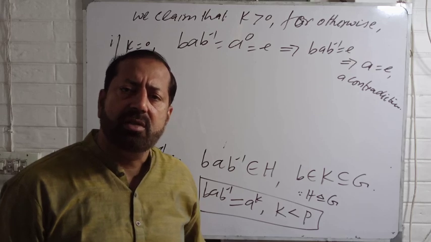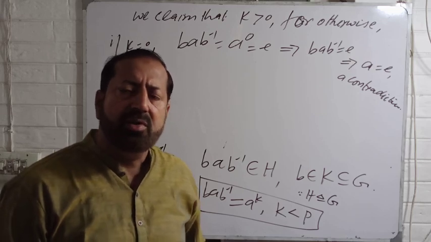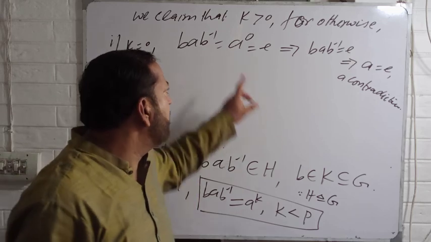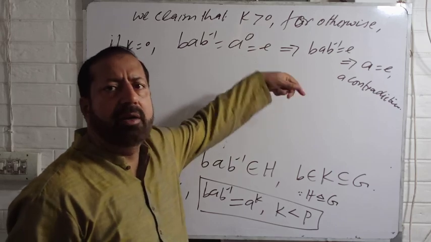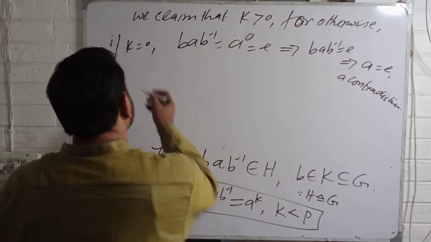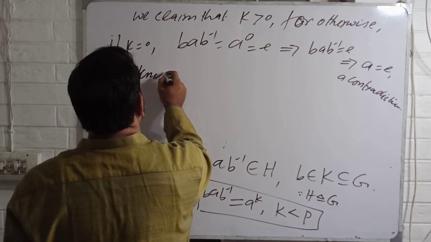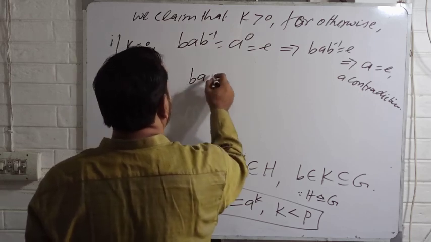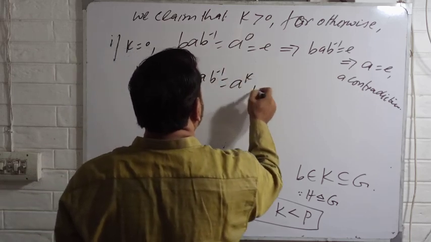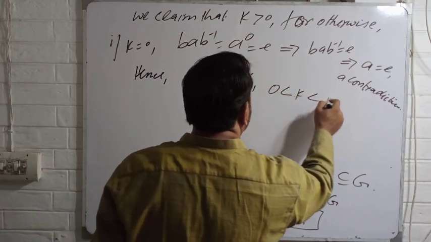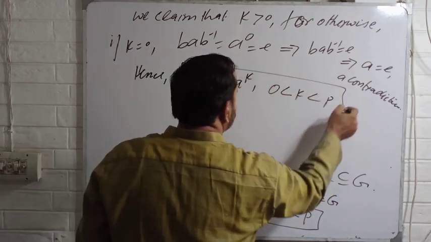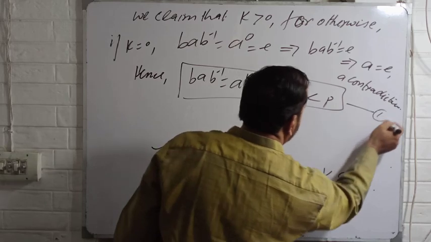So since H is a group of order P, A is not equal to E, and you are given that A is equal to E, hence K must be greater than 0. Hence B A B inverse will be equal to A power K, where 0 is less than K less than P. Say this is number 1.